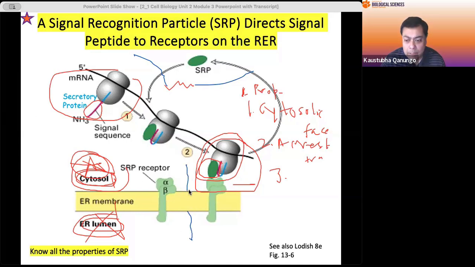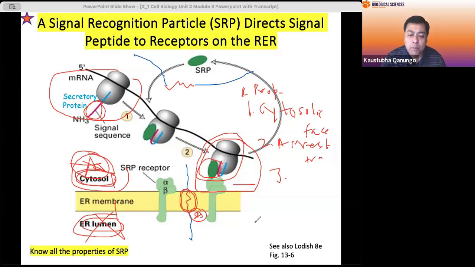So it will sit right here. This is the signal anchor sequence. We're going to see that later. So the SRP may bind to a terminal sequence, or it could bind to an internal sequence to bring that.